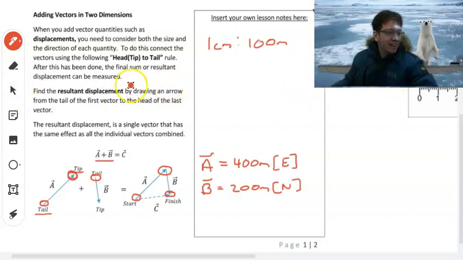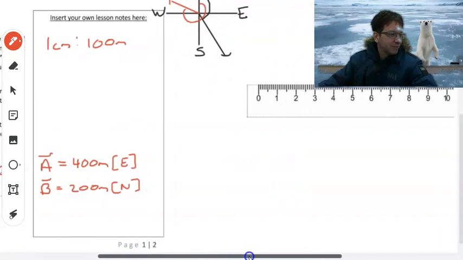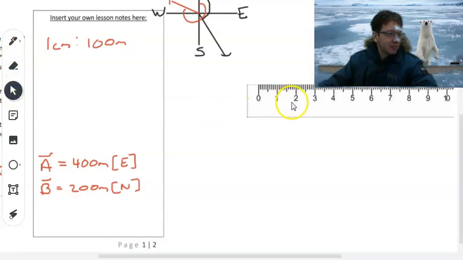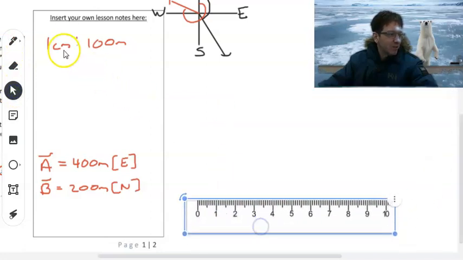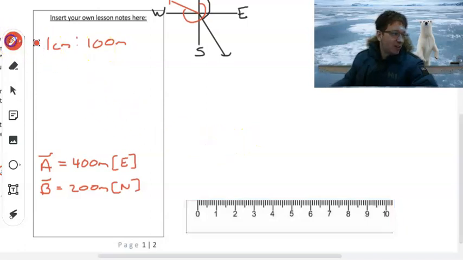So then I can take my ruler here, scroll over, and I can draw 400 meters east. If 1 centimeter is 100 meters, then 400 meters should be 4 centimeters. And I'll draw that completely east, like this.